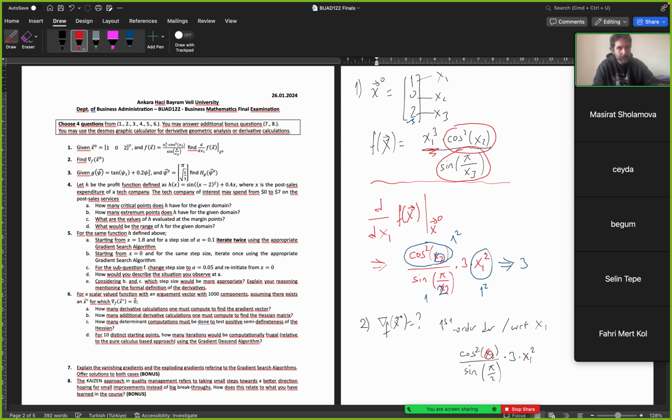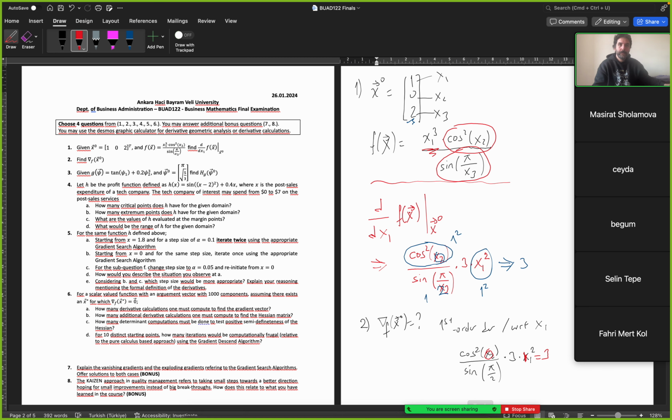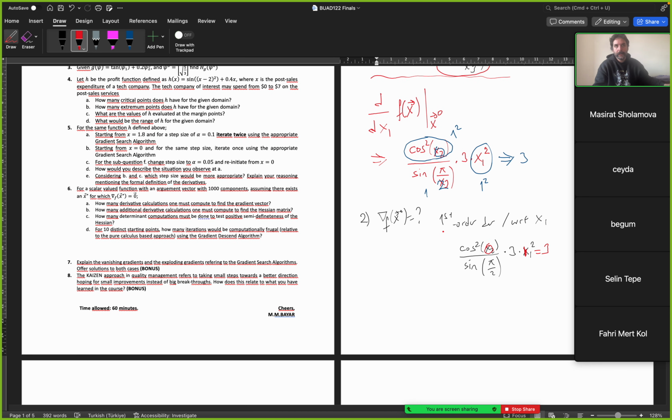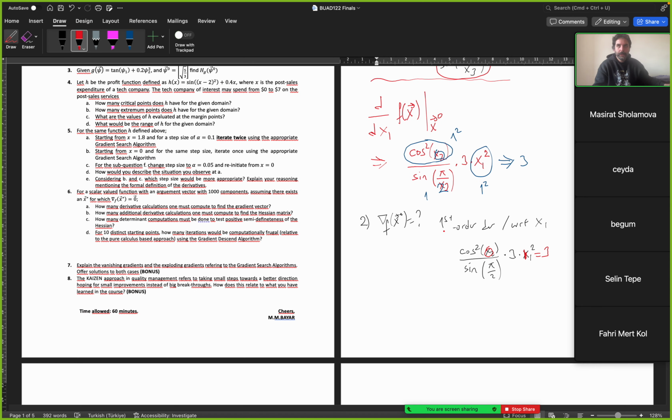So this is a 0 and this is a 1, and that's equal to just 3. So this is the derivative with respect to x1 evaluated at x0.